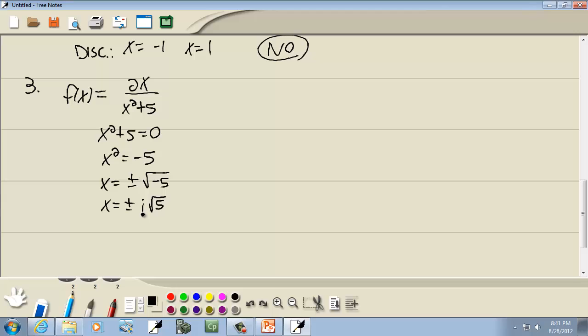So when this says it's discontinuous at plus or minus i square root of 5, that actually means nothing in terms of discontinuities, which means this is continuous everywhere. I know that's not an appropriate abbreviation, but I'm going to go with it. It's continuous from negative infinity to positive infinity. So the answer here would be yes, it is continuous on the entire real line.